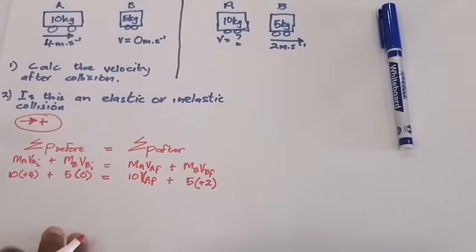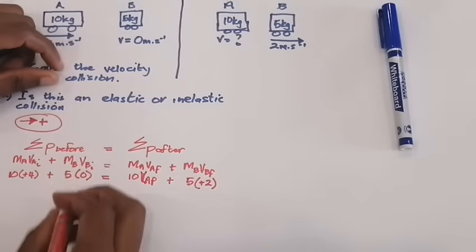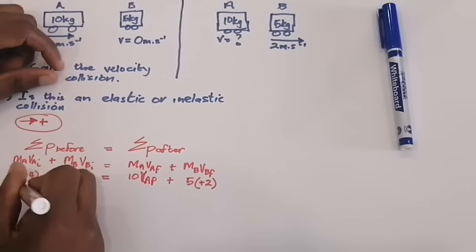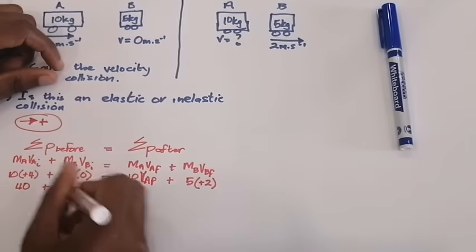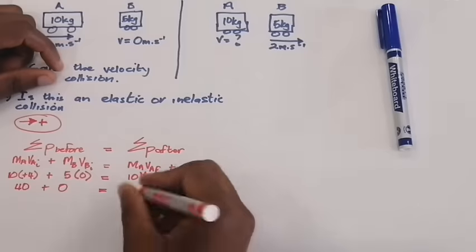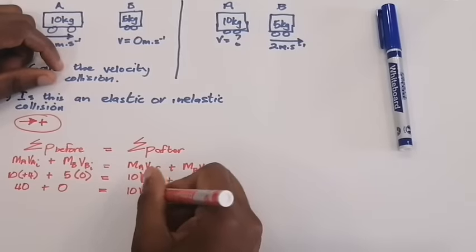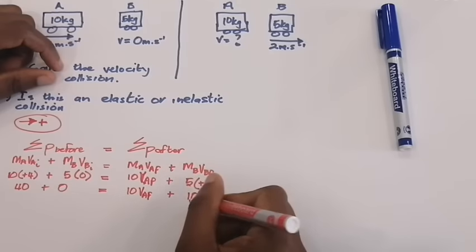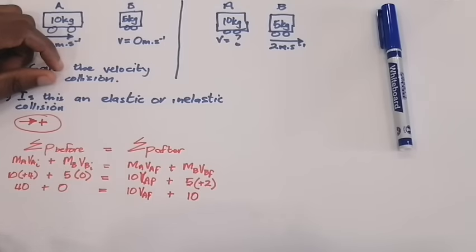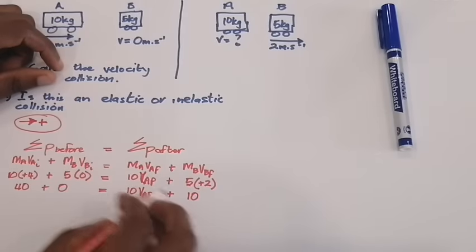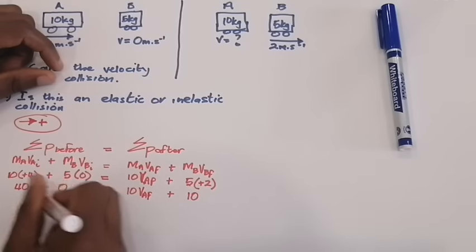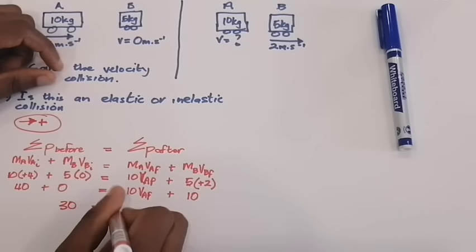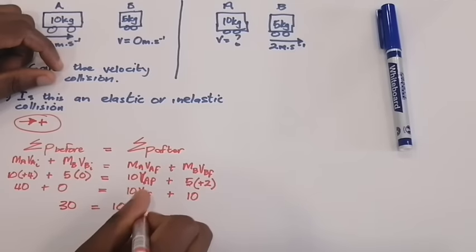So all that's left for us to do now is a few mathematical gymnastics. That's 10 times 4, which is positive 40, plus 0, which is equal to 10 vAf plus 5 times 2, which gives us a positive 10. So we take everything to the other side: 40 minus 10 is 30, which is equal to 10 vAf.